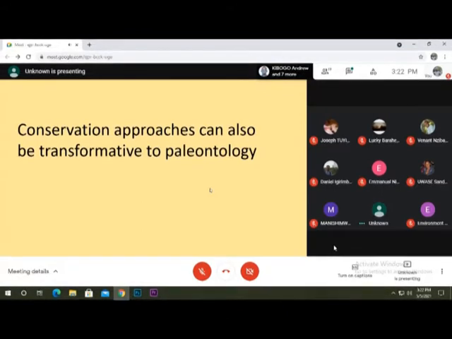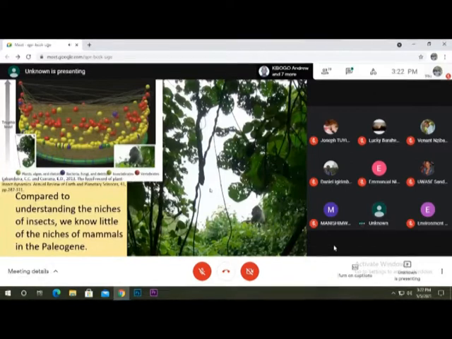Okay. The other thing is that these conservation approaches can be transformative to paleontology. So for instance, I call this slide herbivory. Here you have insect herbivory, showcasing just our silverback in the corner. We're aware that all of the relationships of organisms in a community hold them together, and you could represent these relationships as lines.